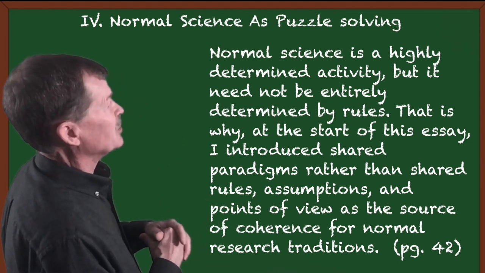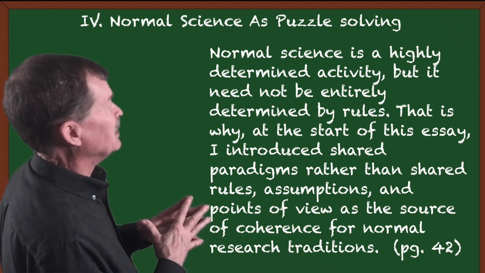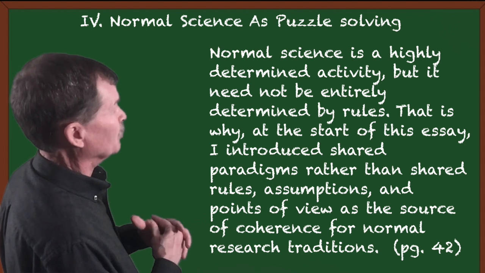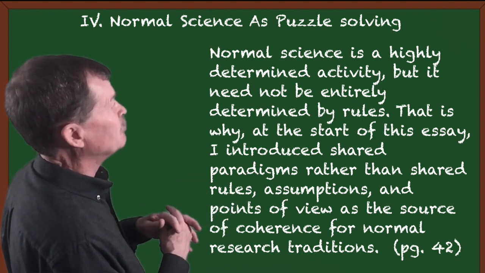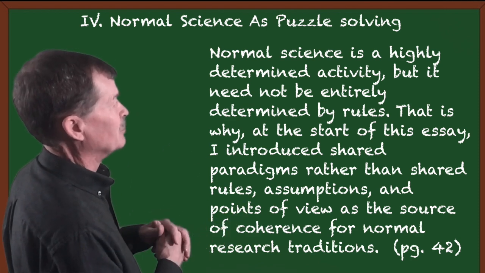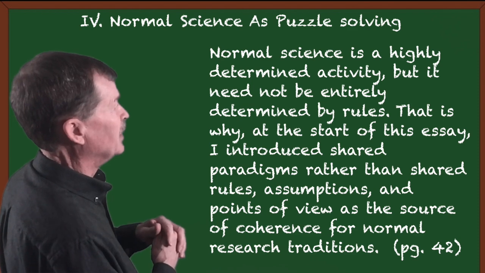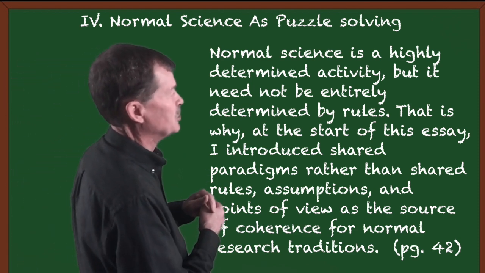Normal science is a highly determined activity, but it need not be entirely determined by rules. That is why at the start of this essay, I introduced shared paradigms rather than shared rules or assumptions and points of view as the source of coherence for normal research tradition.